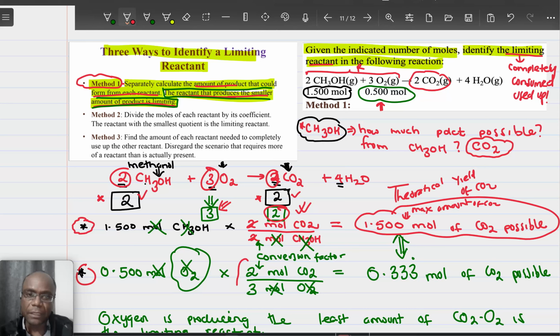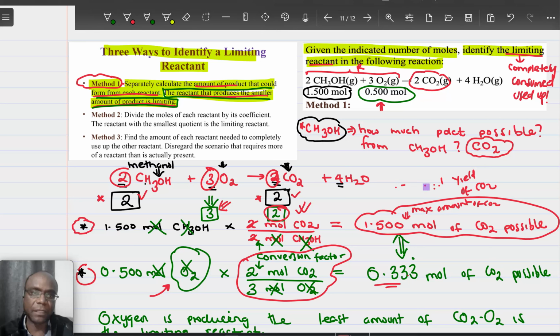That's how we got this conversion factor. Now, if you multiply 0.5 by the conversion factor, you get 0.33. Now you see, compare 0.333 and 1.5. Who is the limiting reagent? It will be oxygen. And that oxygen dictates the actual theoretical yield.